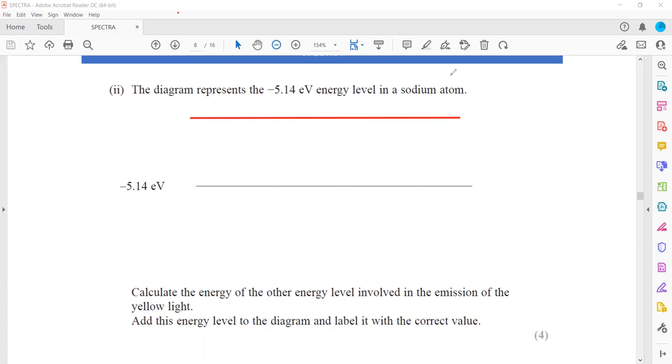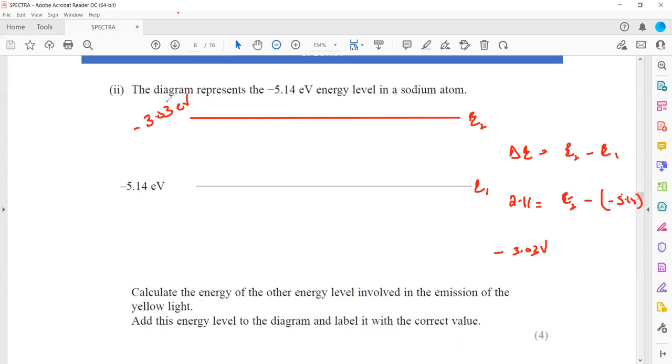The formula is E2 minus E1 equals delta E. We know the energy difference, which is 2.11. We don't know the final level, and we know this is minus 5.14. So minus minus plus, it will move to the other side and become minus 3.03. So it means the energy of the second level is minus 3.03 electron volt.